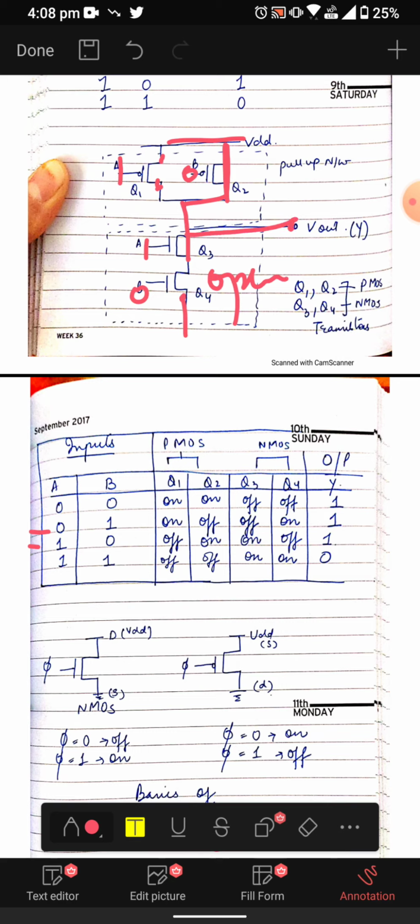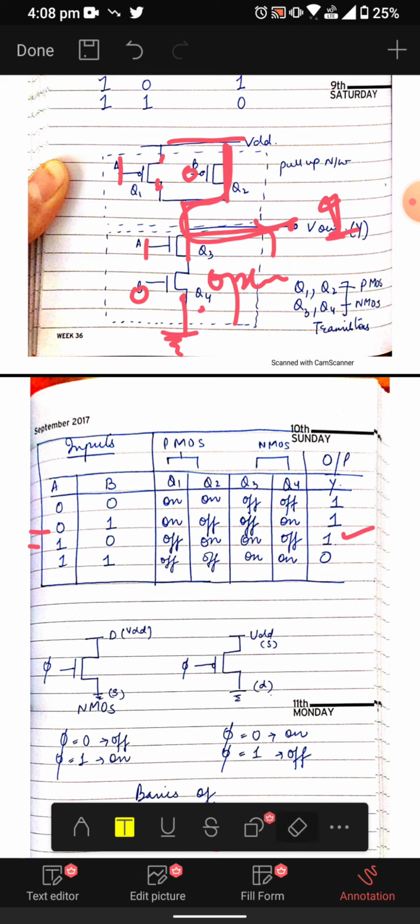So V out will again be 1, that is, it will be shorted to VDD. Q3 is on, but this V out won't discharge to the ground level. Why? Because the circuit is broken at Q4, so it will continue to remain as 1. So this is the third case.